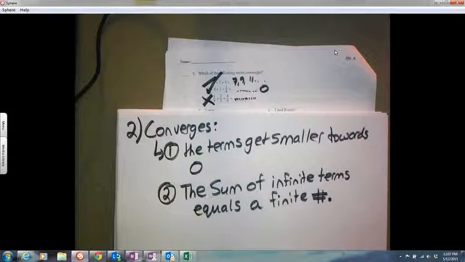Terms are getting bigger. Therefore, we diverge. Only number 2. More questions on number 2?